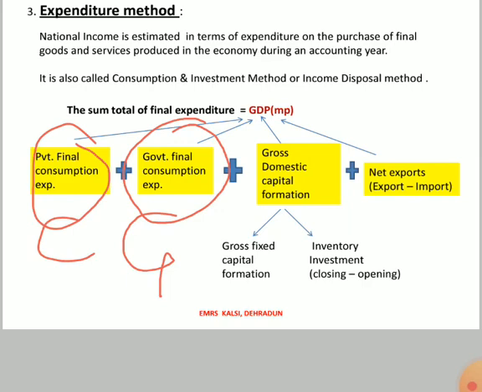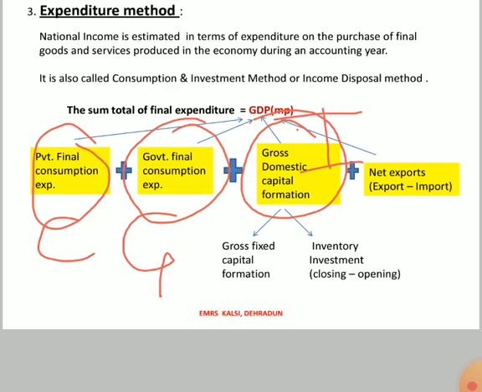That expenditure is formally known as gross domestic capital formation. If a company is making expenditure, that expenditure is called investment, and that investment is known as gross domestic capital formation. It is denoted by capital I.